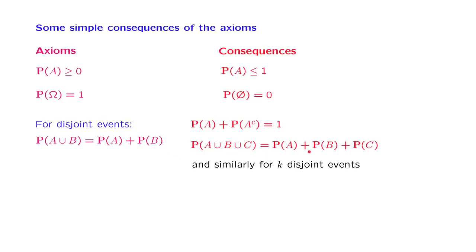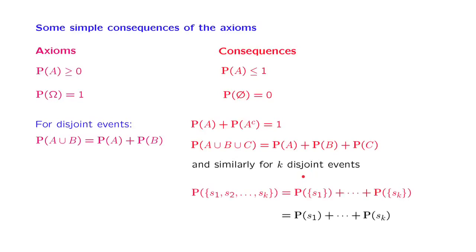We will prove this for the case of 3 events, and then the argument generalizes for the case where we're taking the union of k disjoint events, where k is any finite number. So the intuition of this result is the same as for the case of 2 events, but we will derive it formally, and we will also use it to come up with a way of calculating the probability of a finite set by simply adding the probabilities of its individual elements.